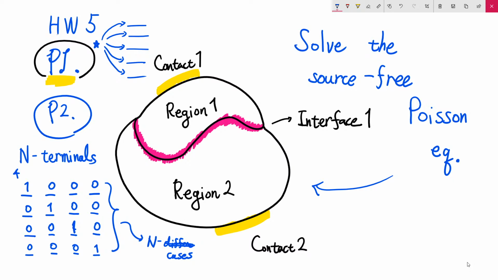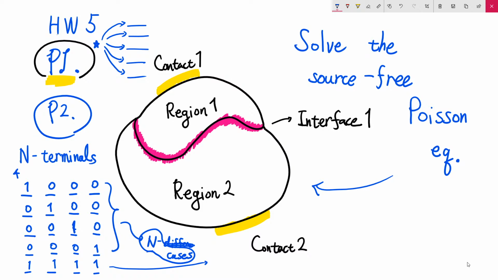Finally, you apply 1, 1, 1, 1, so you will have all 1 for your system, and you will have the solution. Then please make a sum of these n solutions.